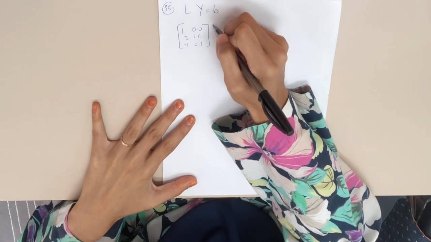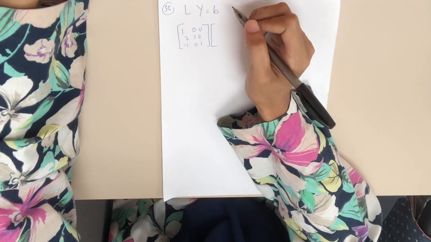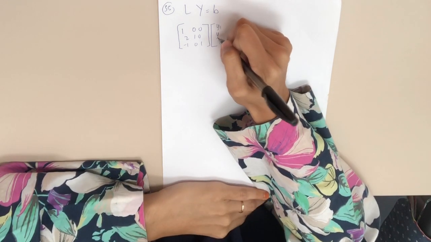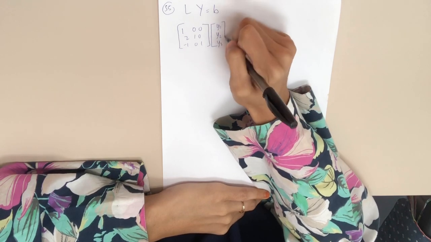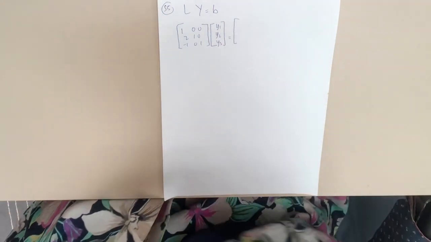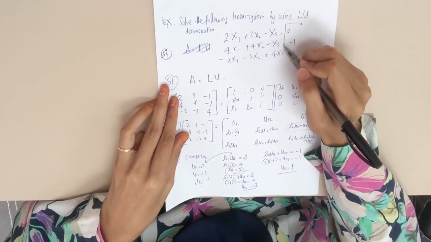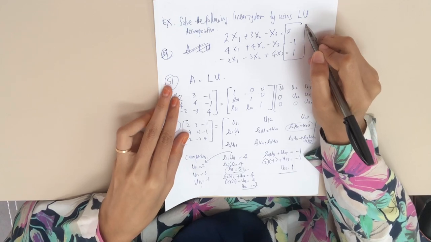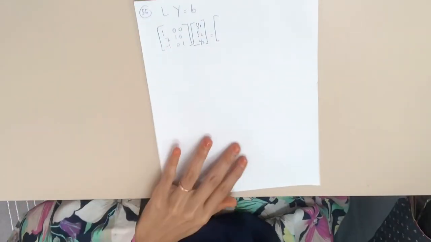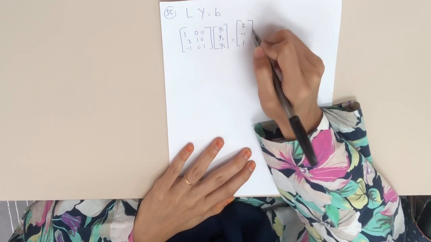What is your matrix Y? Y1, Y2, Y3. How about your matrix B? Where do we get matrix B? Matrix B is from your question just now. This is your B value: 2, -1, 1.